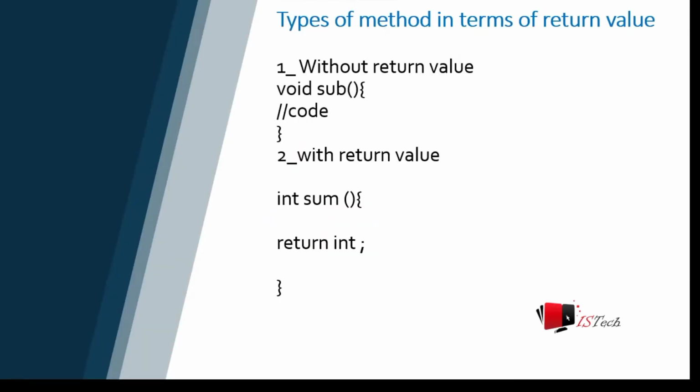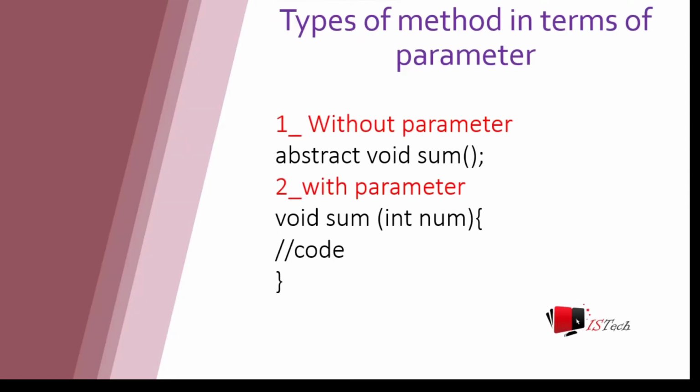We can classify methods in terms of return value into two parts: method with return value and method without return value. If the method returns any value, we call it a method with return value, and if the method doesn't return any value, we call it void, or without a return value.